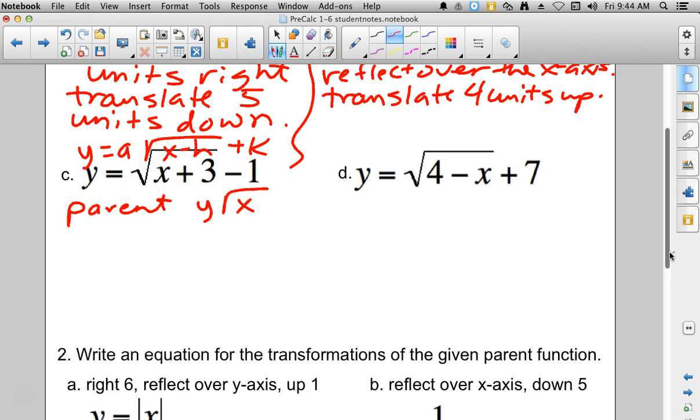I can't remember if we had to write that down on the test or not. We maybe did, because on the test we're not doing them all. We're not going to have you do all the quadratics, all the cubics. We're just going to pick one or two and put it in there. So this one, our parent is y equals the square root of x, but we still have our h and k business. So what are the transformations for this one?